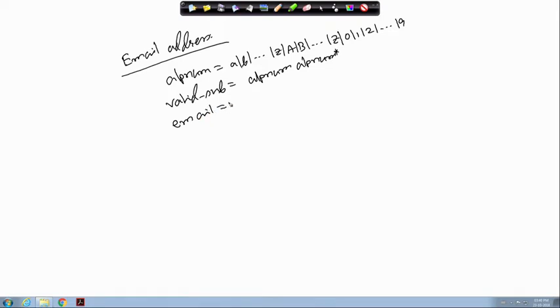and then the email can be defined as valid sub, then @ symbol. We have put this escape character purposefully to make it clear. Then I can have valid sub, then after this we can have valid sub.